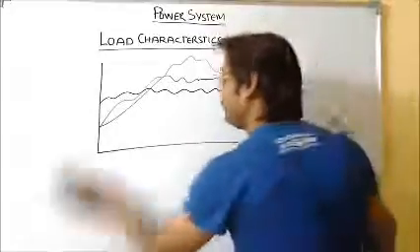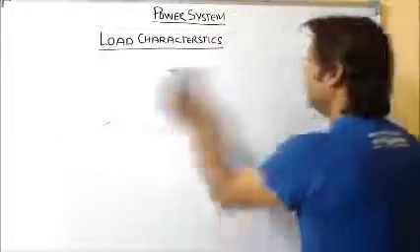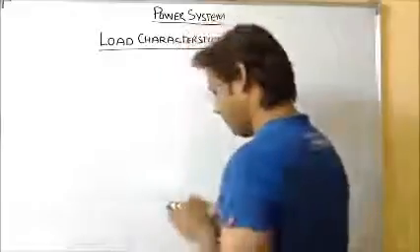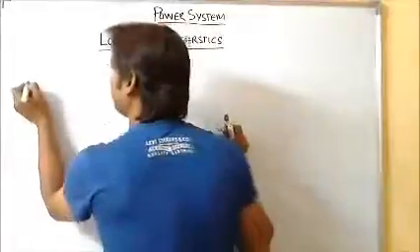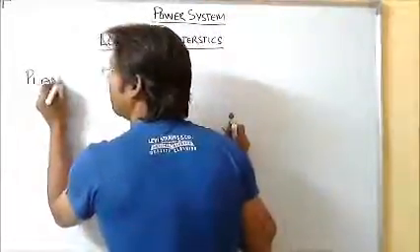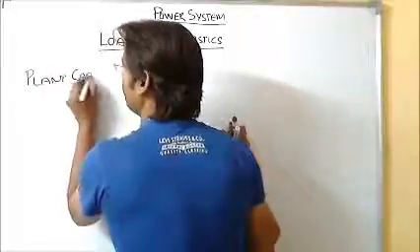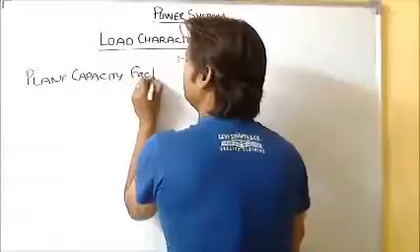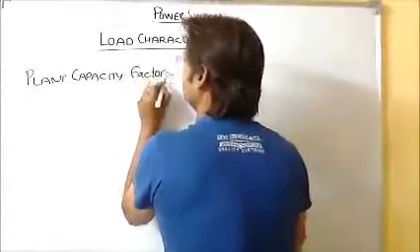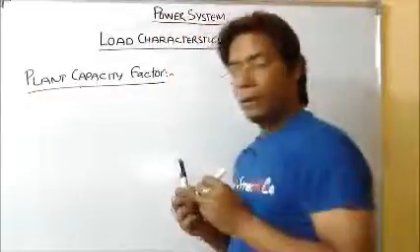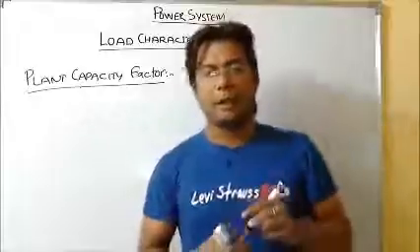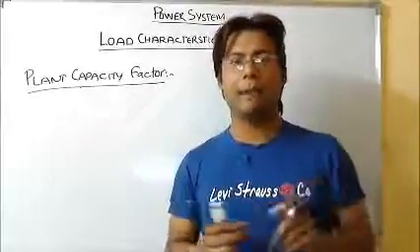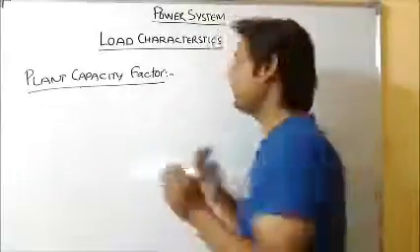So now coming to the plant capacity factor. What exactly is the plant capacity factor? It is the average demand divided by the rated system capacity.